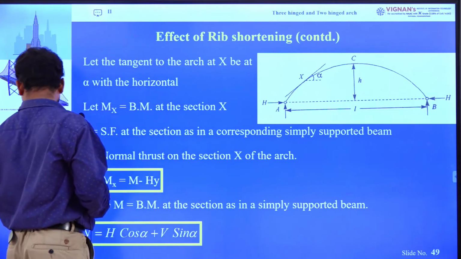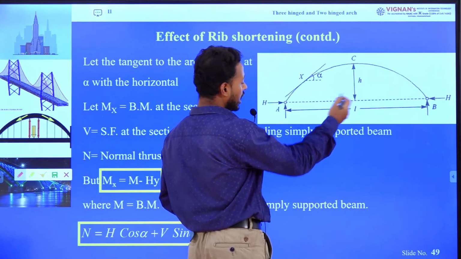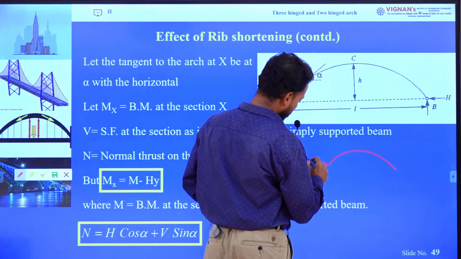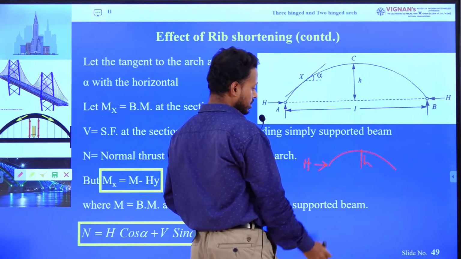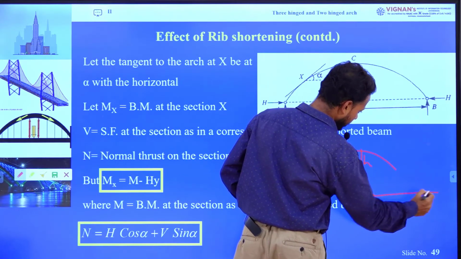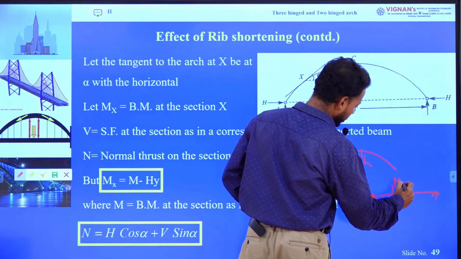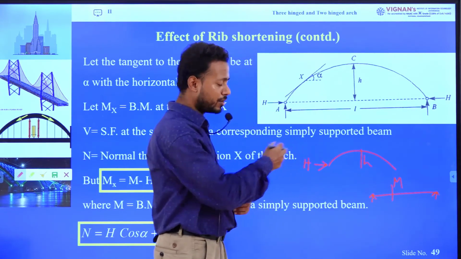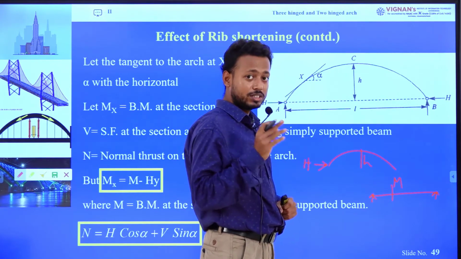I always told you in the previous classes that if you see an arch structure, it is subjected to a horizontal thrust and it has rise small h. If you consider a beam structure, what will be the bending moment? What is the similarity and dissimilarity between this arch and beam? We will see here.